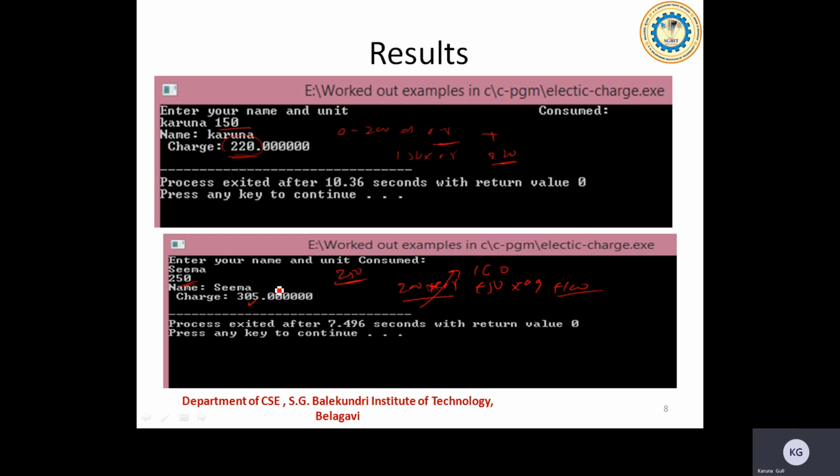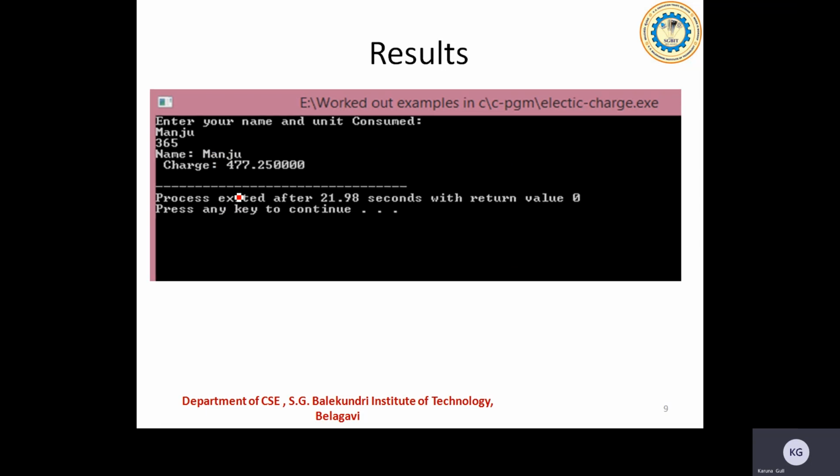I'm not giving any extra surcharge for this because it is less than 400. Whatever calculation I do in the LCF ladder, I get the same thing on the output screen.